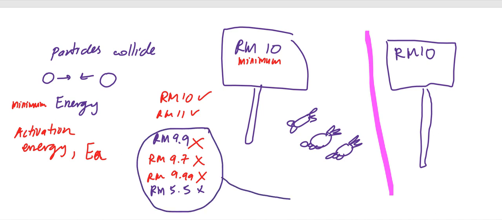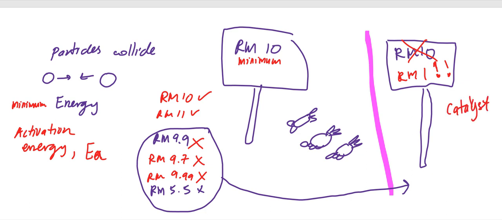What happens is suddenly you add a catalyst. A catalyst does this magic of discount. Suddenly it's RM1 discount. Okay, a catalyst is the only thing that can lower the activation energy.